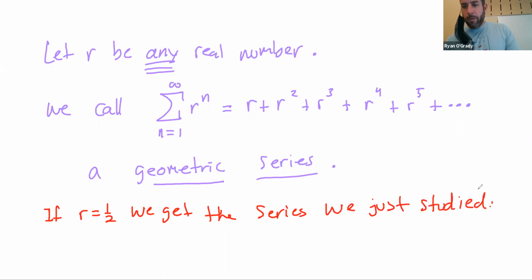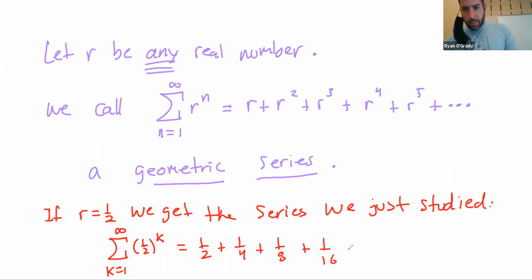So if r is equal to 1/2, we get 1/2 to the k, it's fun to use k too, which is 1/2 plus 1/4 plus 1/8 plus 1/16. Now, before you start having an aneurysm and asking why it's 1/2 to the k instead of 1/2 to the k minus 1, what is k's power of 1? It's 1. So don't get worked up about how I've written it.